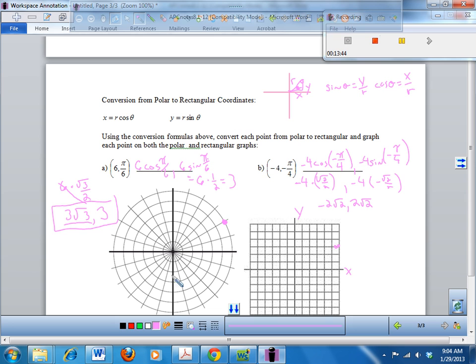And so this point puts you back root 2. Root 2 is about 1.4, so 2 times 1.4 is about 2.8. If I were graphing it rectangularly, back about 2.8, up about 2.8, so somewhere around there. If I'm doing it in polar form, it says go back 1, 2, 3, 4, and then rotate backwards pi over 4. So it looks like it's in about the same spot.